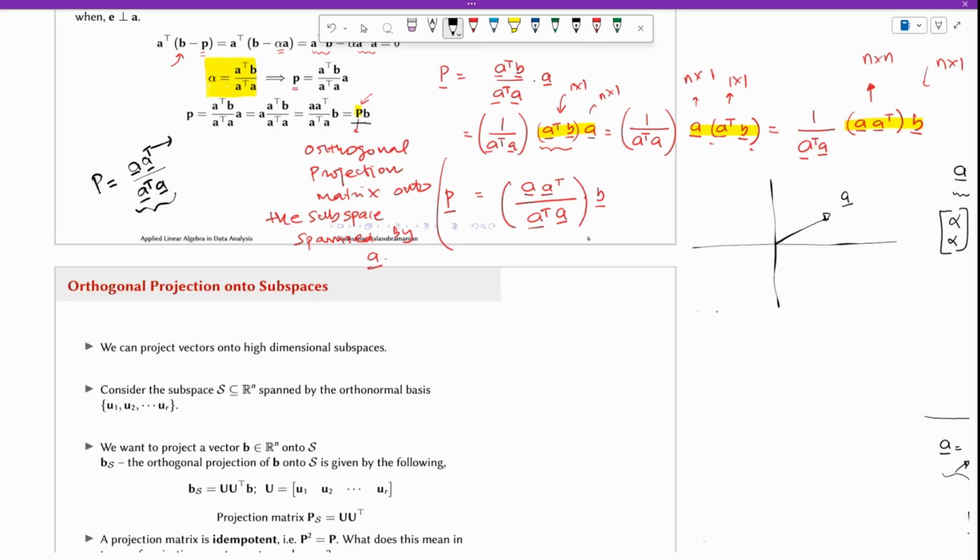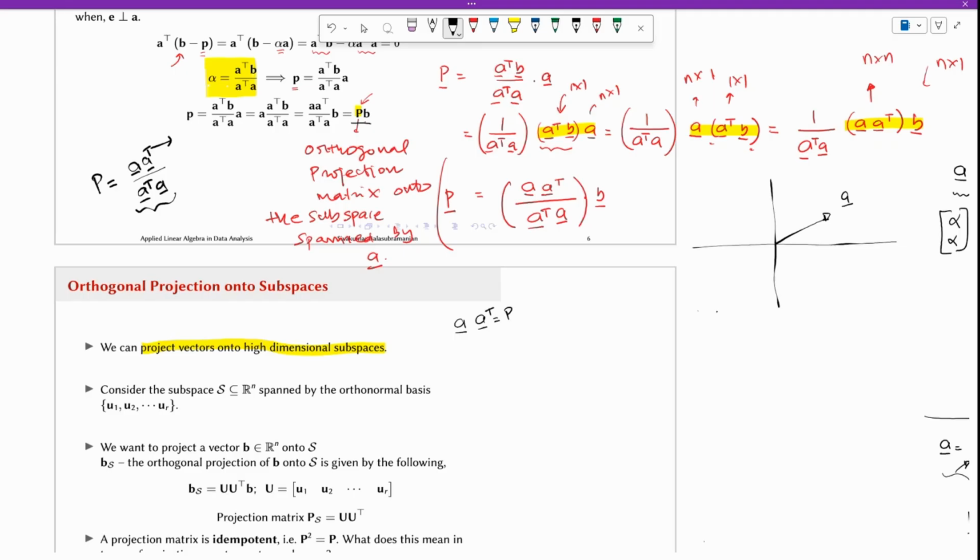In the one-dimensional case, what did you need? You needed a non-zero vector from the subspace. And if you have a vector from that subspace which is normalized, with Euclidean length 1, then the orthogonal projection matrix is simply the outer product of that vector with itself.